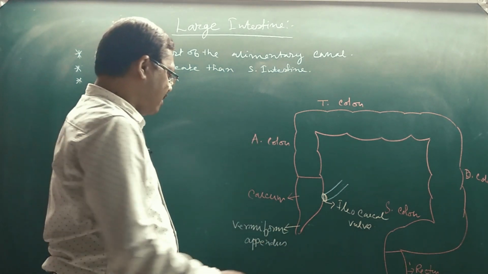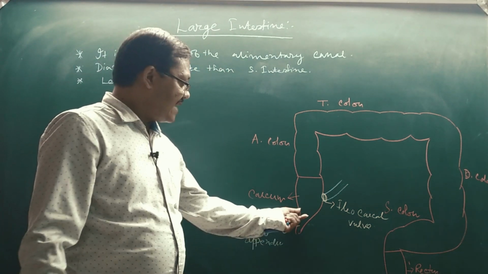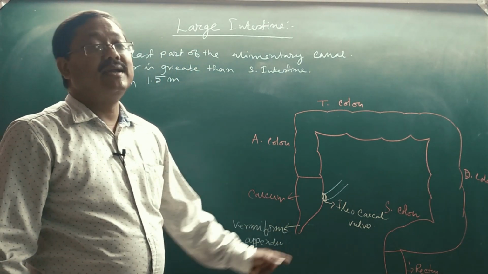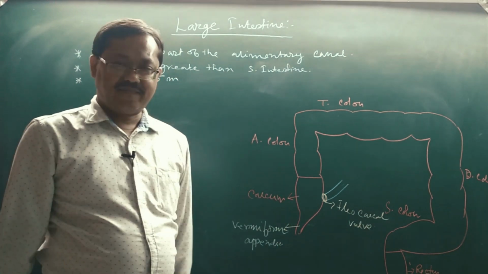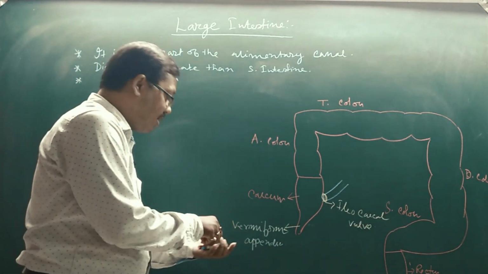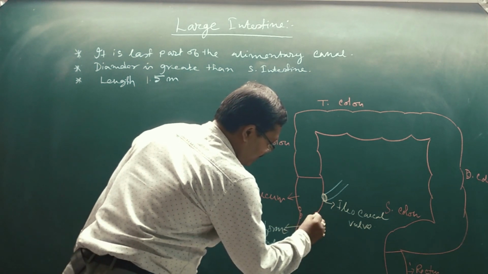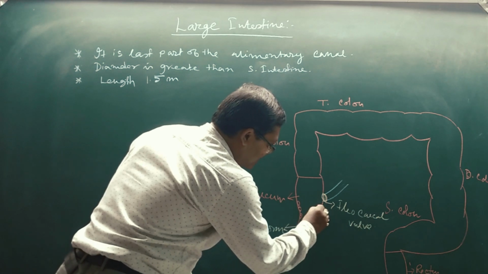What is the vermiform appendix? The vermiform appendix is an extension attached to the cecum, and it is rudimentary in humans. It has no function. It is a vestigial organ. A lot of lymph glands, lymph nodules, are present here.